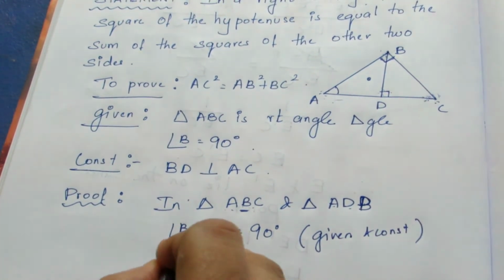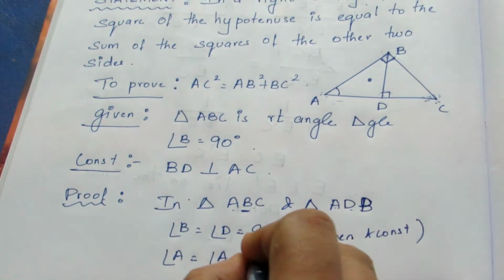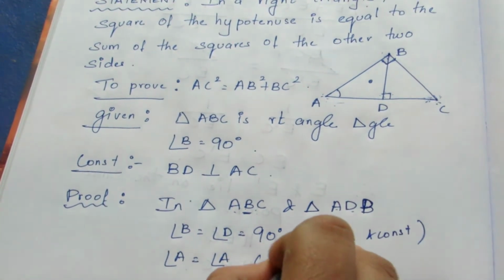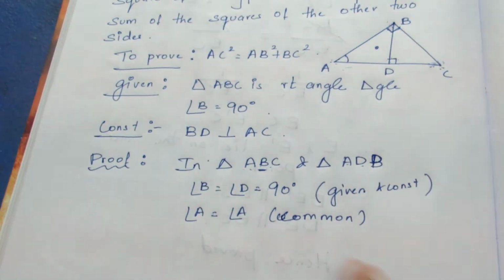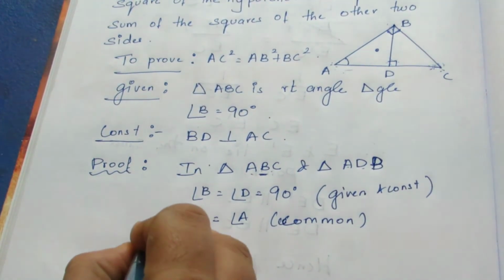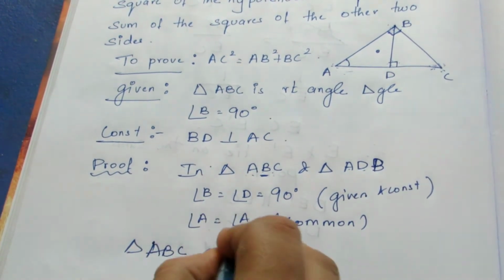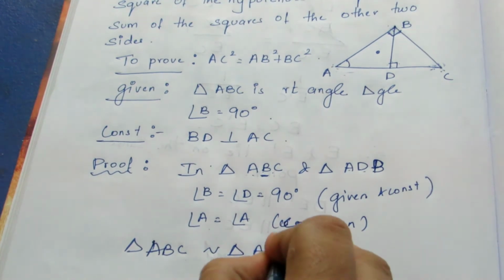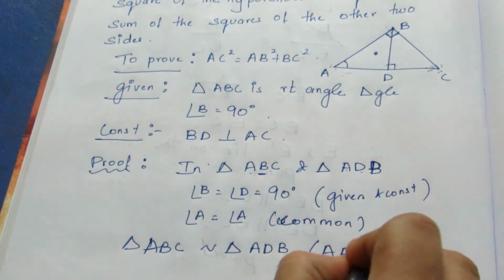Now angle A equal to angle A, because in both the triangles angle A is there, which is common. The reason you should always write, now we know that the two triangles are similar. Therefore triangle ABC is similar to triangle ADB by AA similarity criterion.